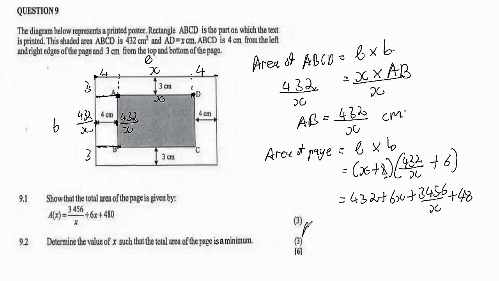Now, having to indicate this, we will say area in terms of X will have to be 3,456 over X. Now, we are just rearranging it and writing it in the desired form, then plus 6X. Now, the 48 will come from saying 432 plus 48. Then this will give us 480. And just like that, you have shown that the total area of the page is given by this equation.